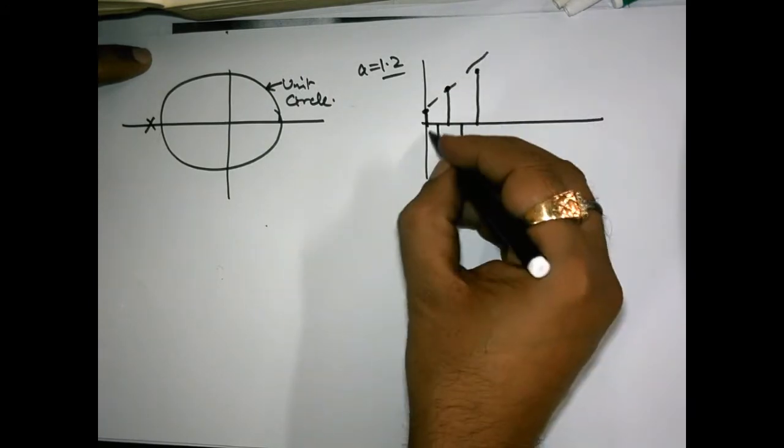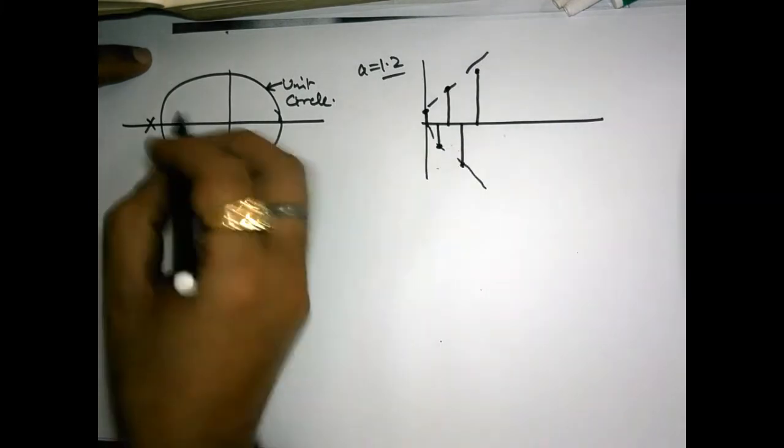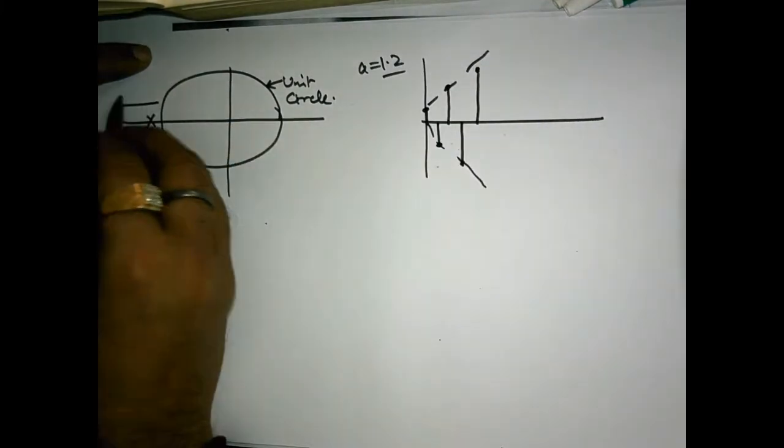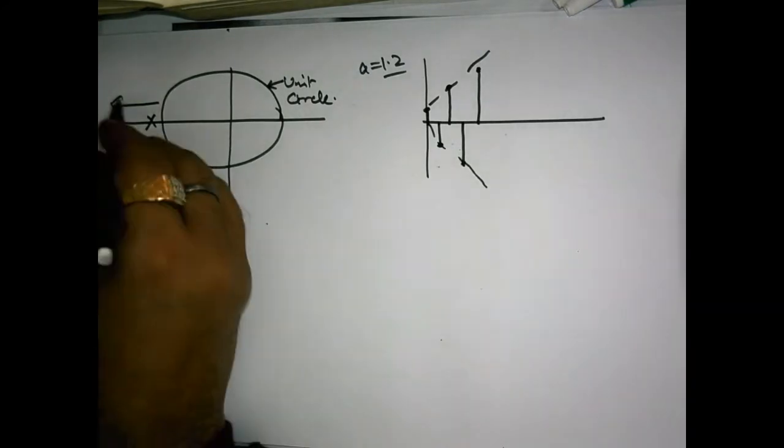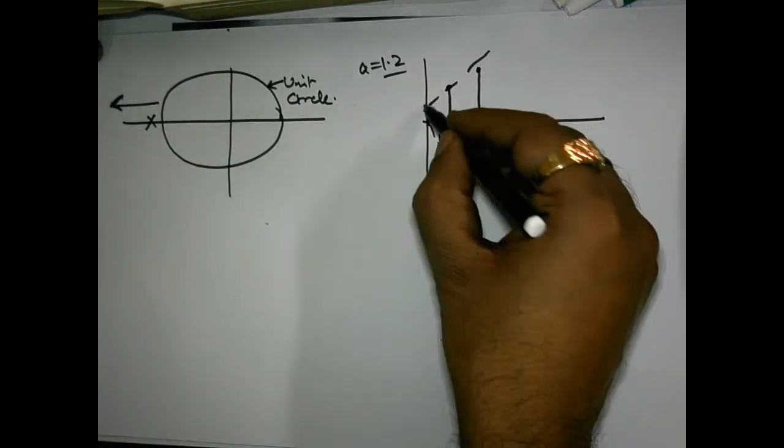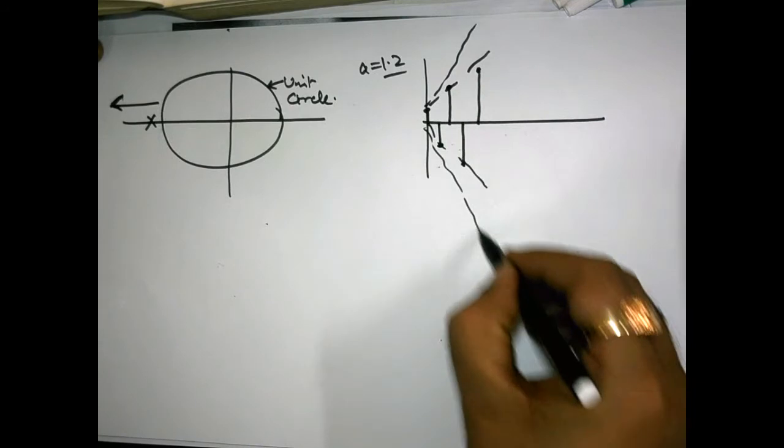The signal will grow like this. And the same is the situation if you move it farther away from this unit circle, the exponential growth will rise.